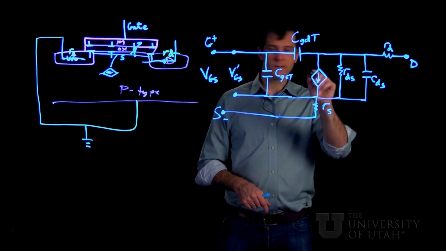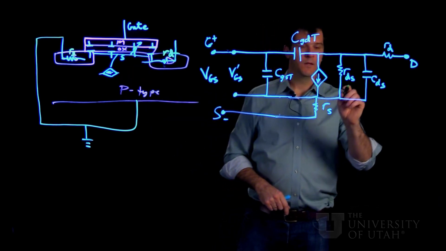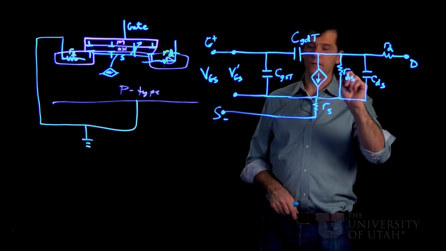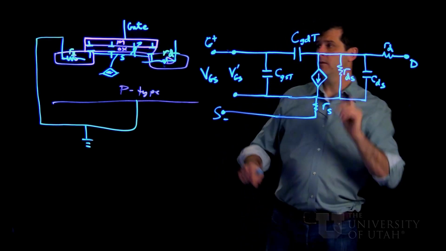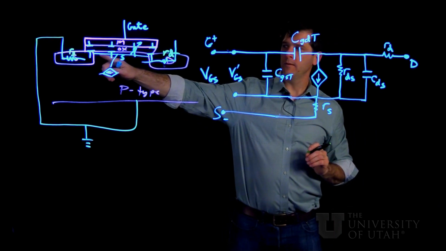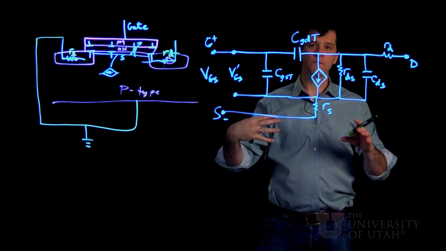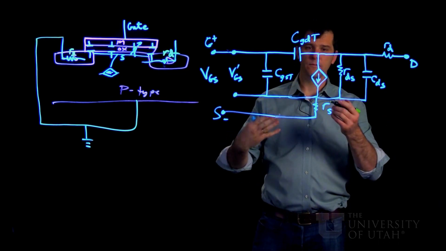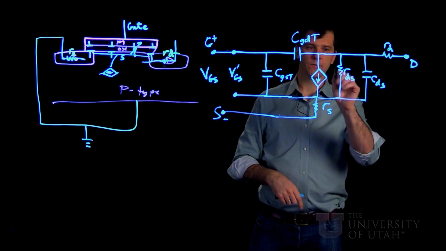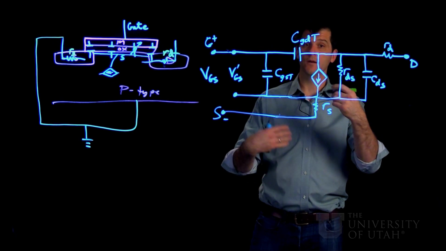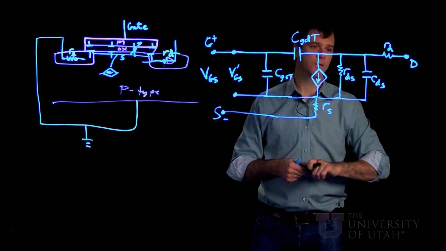And then here's our transconductance of the channel. Then we've also added a parasitic resistance, which means that there could be some current flow from the source to drain even before we reach full inversion. And what this represents is sub-threshold conduction.